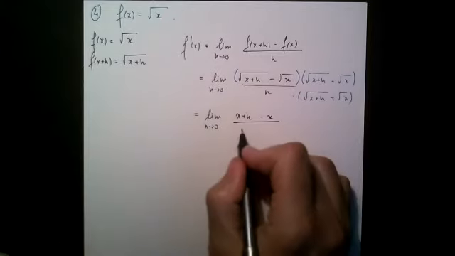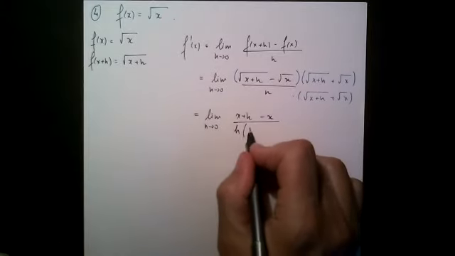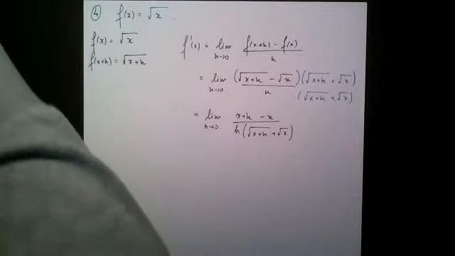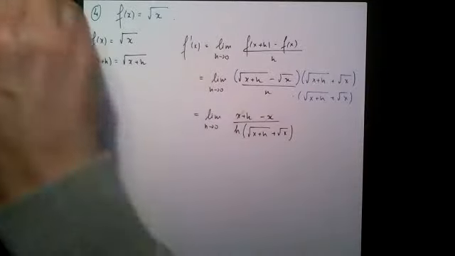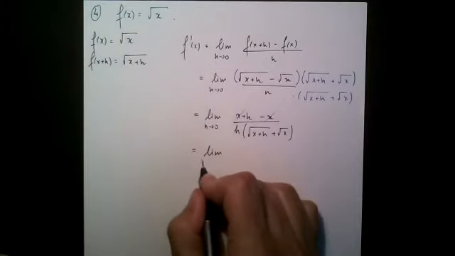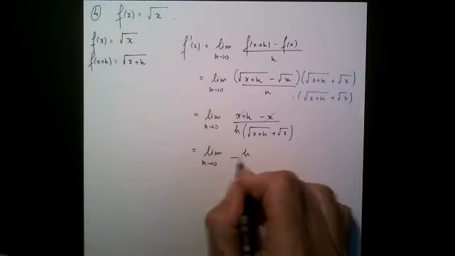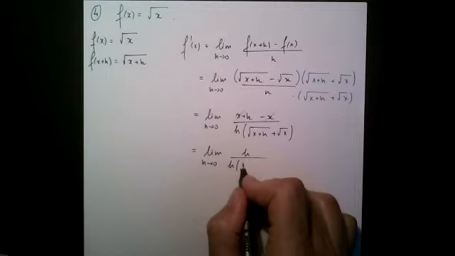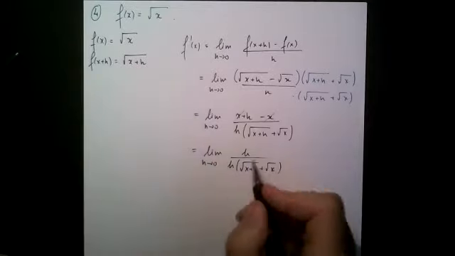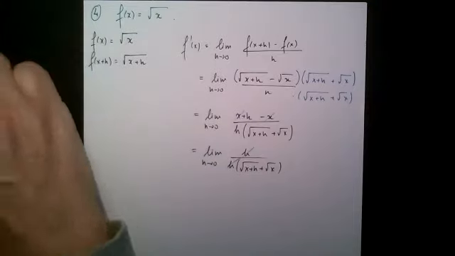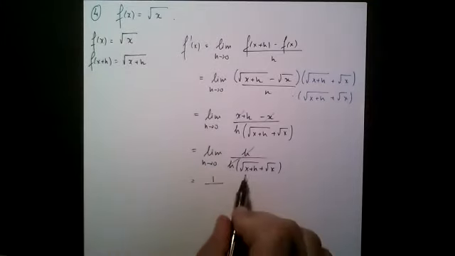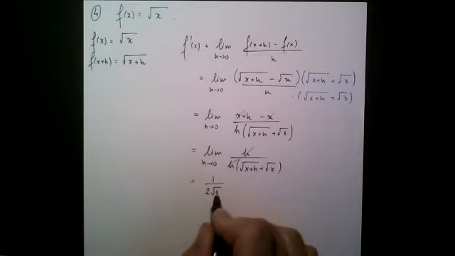Okay, simplified it right away. h over root x plus h minus root x. Cross all the h's by the x's. Limit as h approaches 0, h over h times root x plus h plus root x. Cross this out. Plug in h is 0, it's 1 over root x plus root x, which is 2 root x.